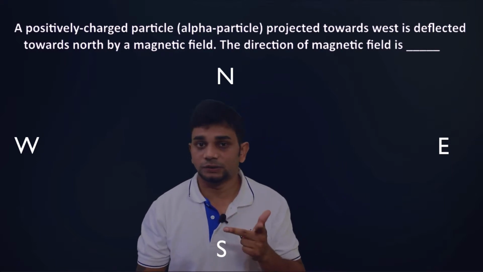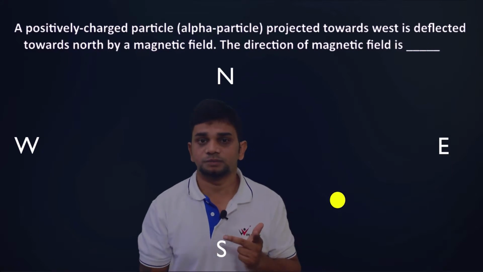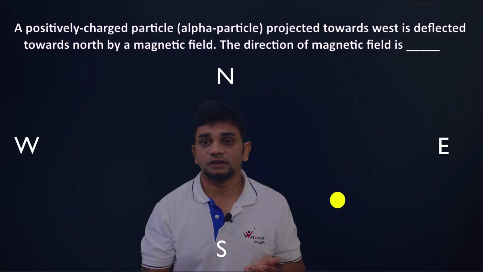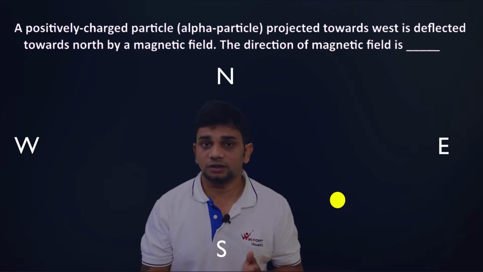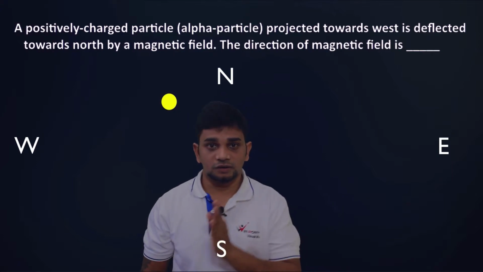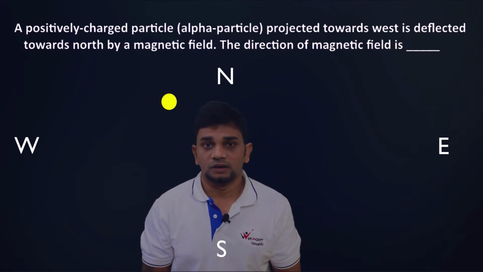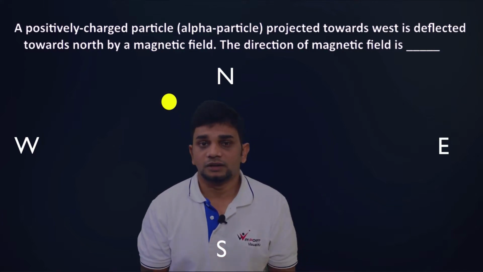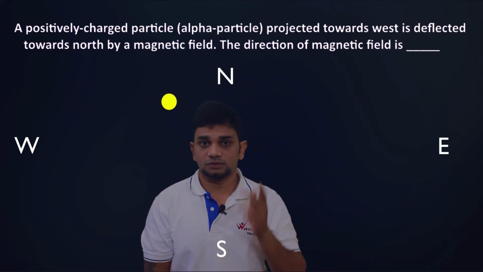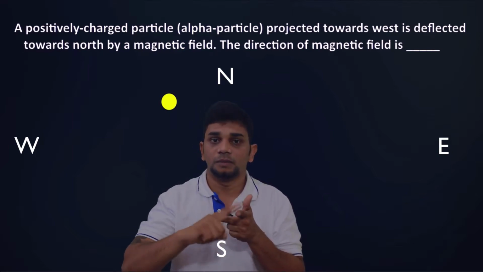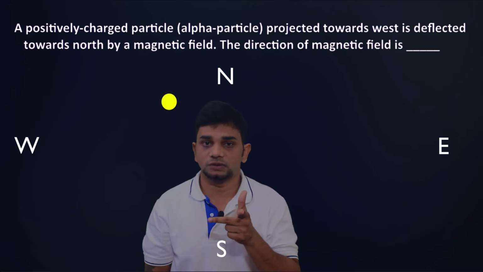Fleming's left hand rule. There is an alpha particle, charged particle, positively charged particle. It is moving in the magnetic field and it is deflecting, right? It is deflecting in north direction and it is moving in this direction, right? We are going to apply Fleming's left hand rule. It is the direction of current, it is the direction of magnetic field, it is the direction of force.